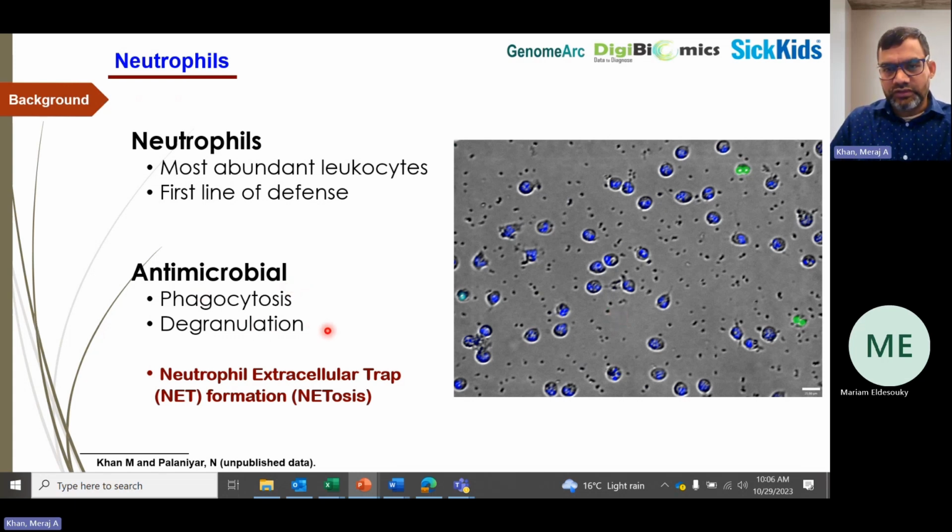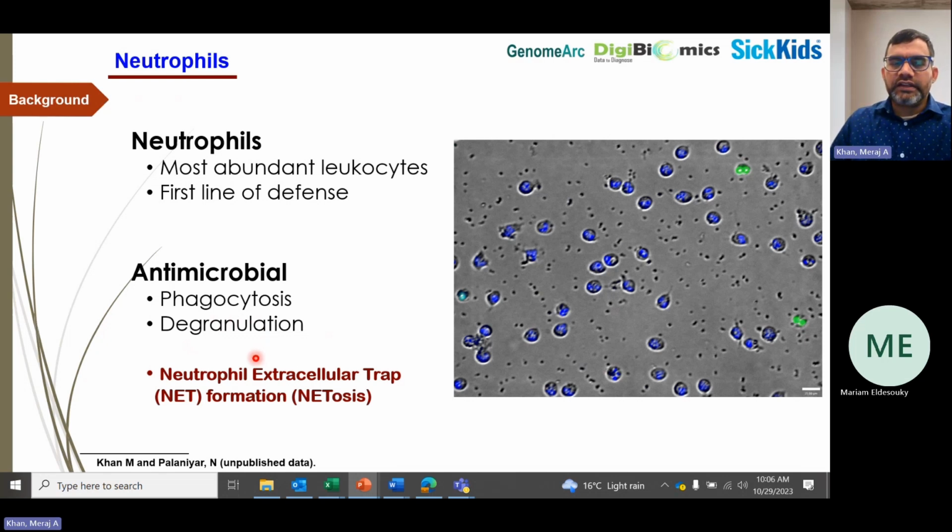They phagocytose: when neutrophils see bacteria or pathogens, they eat them and kill them. The other is degranulation: when neutrophils infiltrate, they release certain enzymes that destroy the surroundings. These are the two key steps. I'm not going to go into detail because these are well-known aspects.